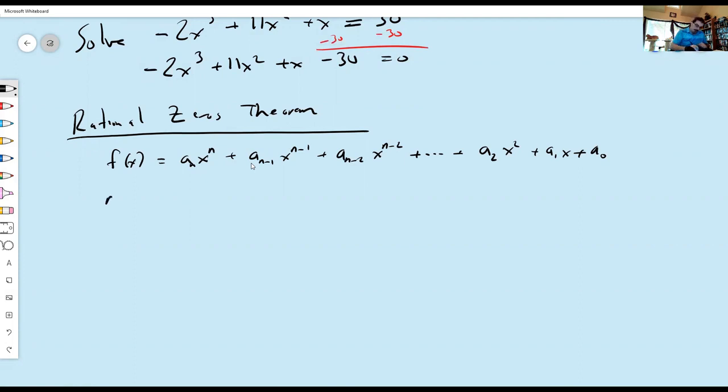Again, n is the degree. an minus 1, a2, a1, a0 are integer coefficients.